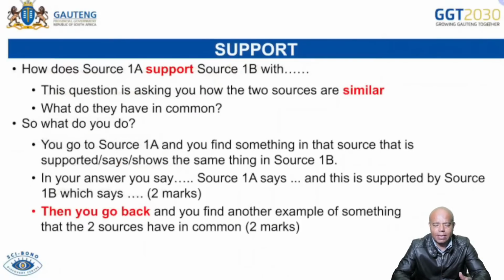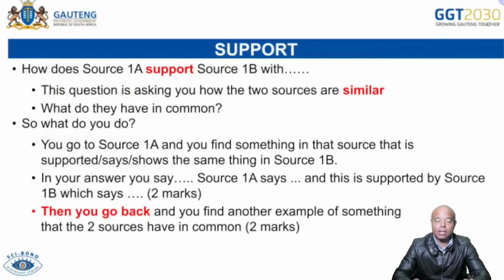Now, how do you write it down? In your answer, you should say the following. Source 1A says there are people using violence, and this is supported by 1B, which says the people are aggressive. So violence, aggressive, same thing. It is similarities. So we're looking for similarities, things that are the same.